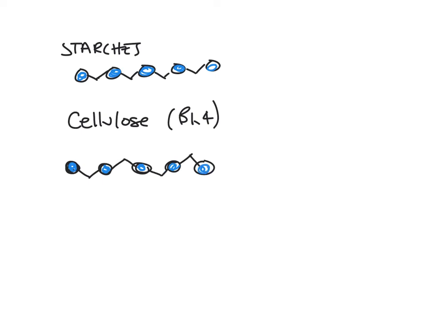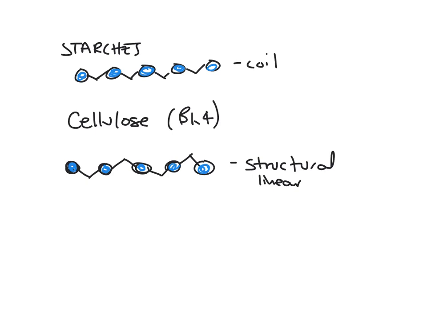And so what happens here is you have a structural molecule and then neighboring cellulose molecules. So if I was to draw it, because it becomes linear, whereas starches will often coil on themselves.